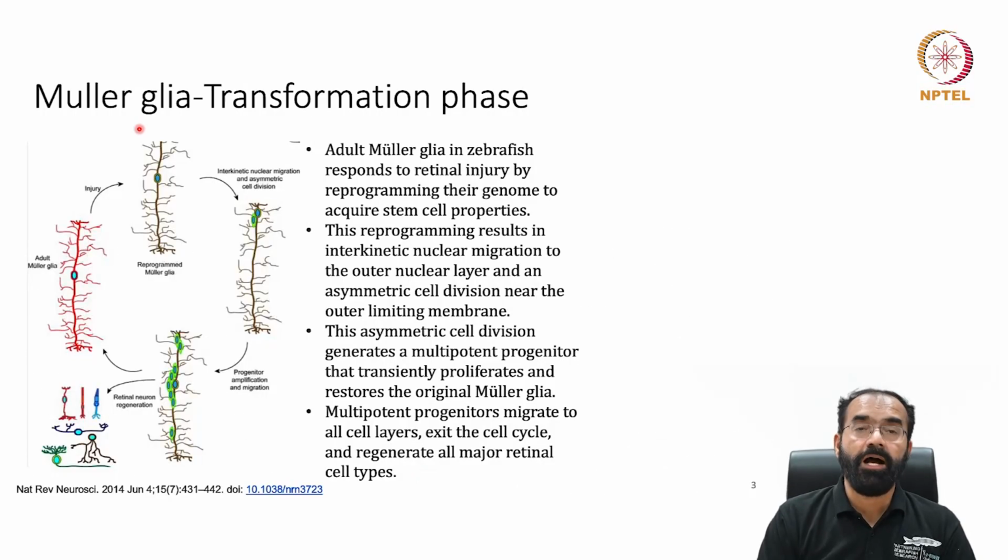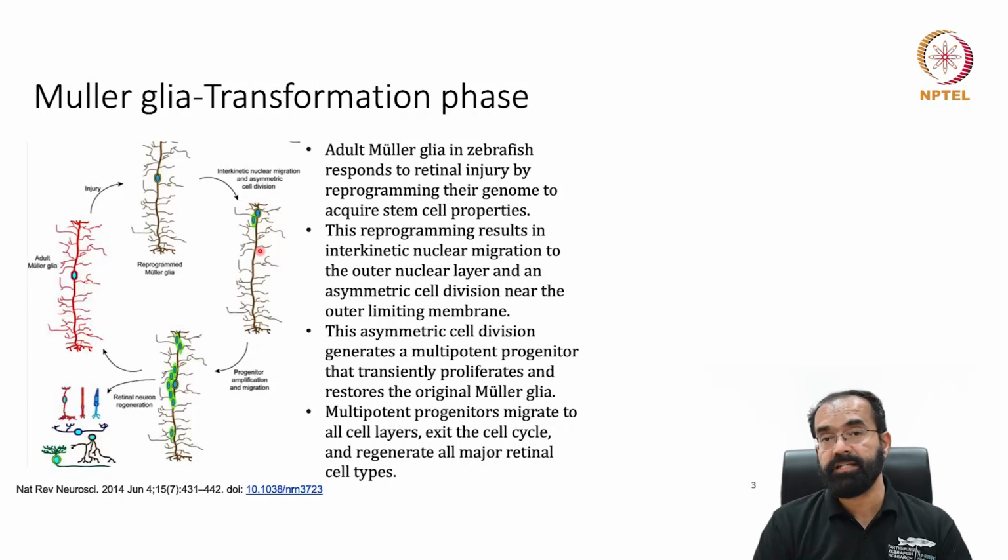So if you look at Muller glia, it has a transformation phase. You can see the adult Muller glia after injury gets into a reprogrammed Muller glia. That means you have a color change here in this picture. And it also has interkinetic migration and asymmetric cell division. So this reprogrammed Muller glia is now getting into a proliferative phase, and often the hallmark is asymmetric.